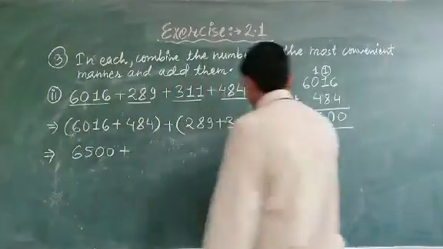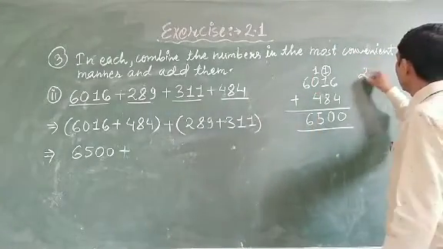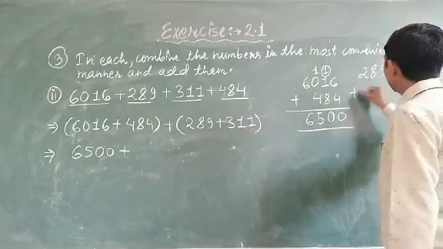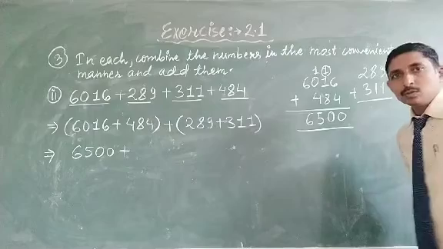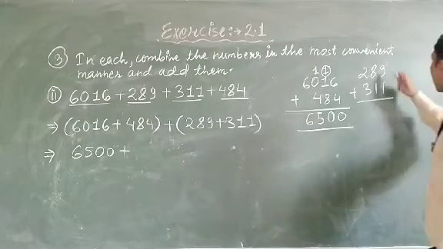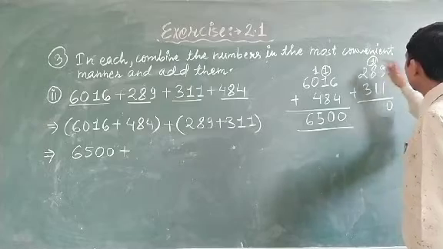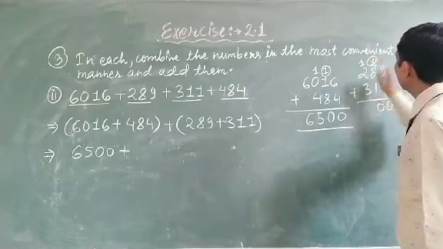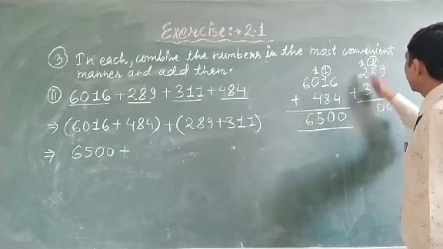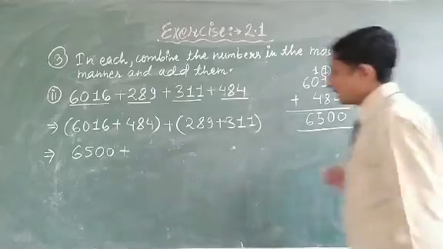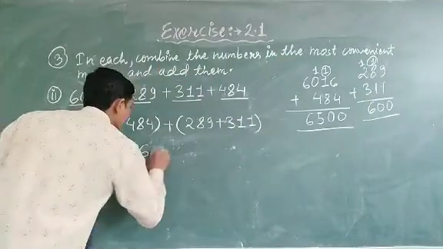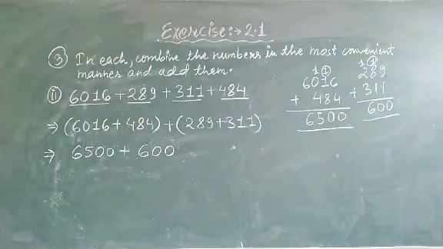Now by adding these two, 289 plus 311, 9 plus 1, 10, 1 is carried. 8 plus 1, 9 plus 1, 10, again 1 is carried. 2 plus 3, 5 plus 1, 6. So our answer is 600. Now what we have to do?